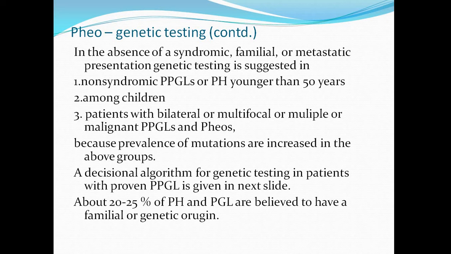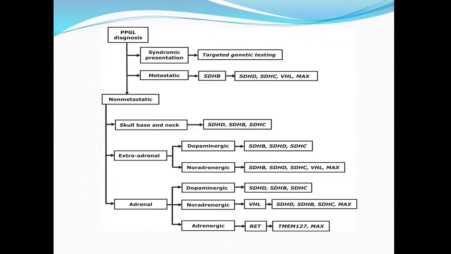Forgive me for the spelling mistakes here. So this is the decision algorithm for genetic testing. I know it's quite complex, so if you want more information on that, you can read it from there, because this is not needed here for much.